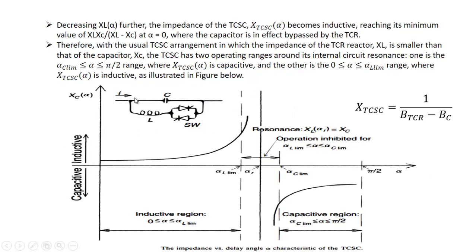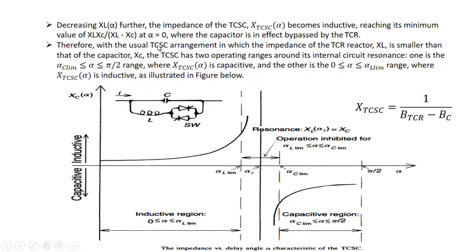In that case maximum current will be flowing through the TCR. It is because we are making the inductive reactance very small as compared to the capacitor, so that full conduction takes place, and almost all the current will flow through this, bypassing the capacitor.